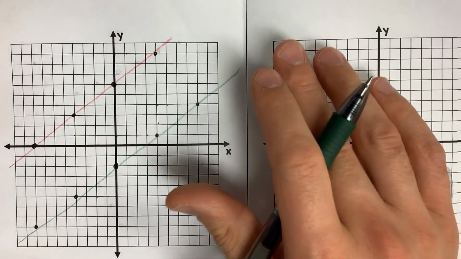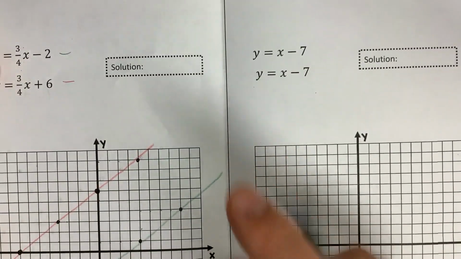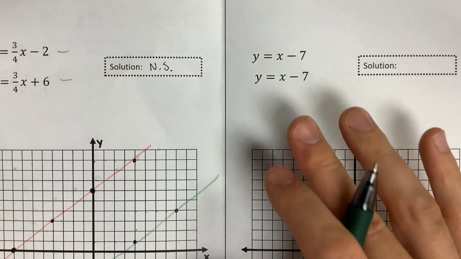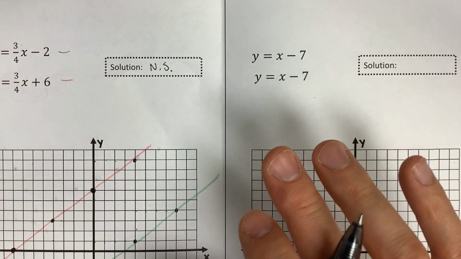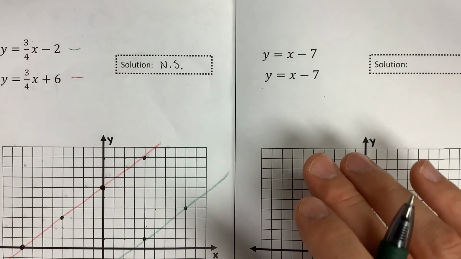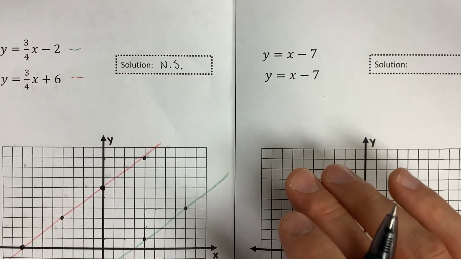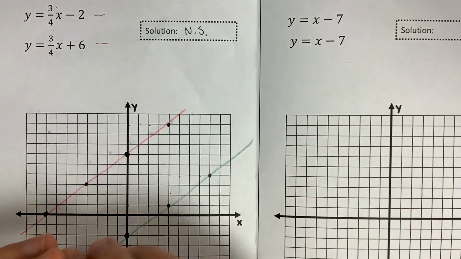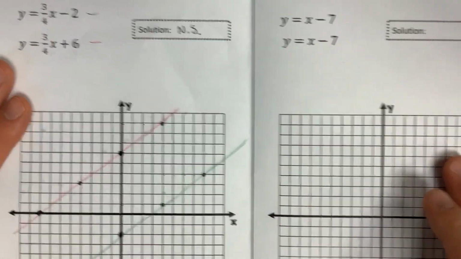So if they're never gonna touch, guess what? They are going to have no solution. There is no set of points that you can plug into both of these equations and get true solutions. So there's no answer, no solution for problems that have parallel lines.